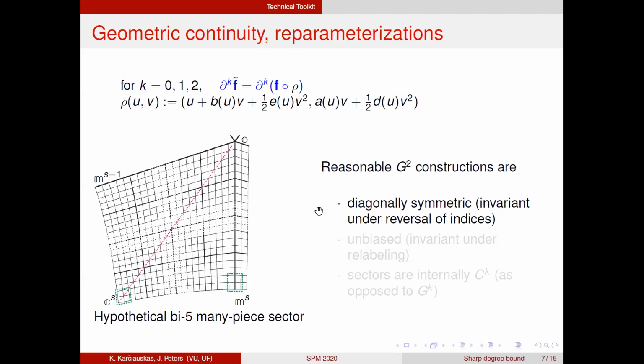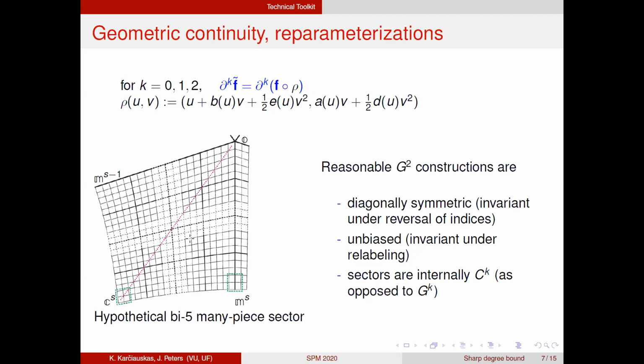This is called diagonally symmetric. That is invariant under reversal of the indices. And any reasonable construction would have that property because otherwise just feeding in your data in a different order would create a different surface. Similarly, it shouldn't matter what label I give this particular sector or whether I'm looking at the left or the right sector, I should have similar construction formulas. Note this is not that the geometry is symmetric, it's that construction is symmetric.